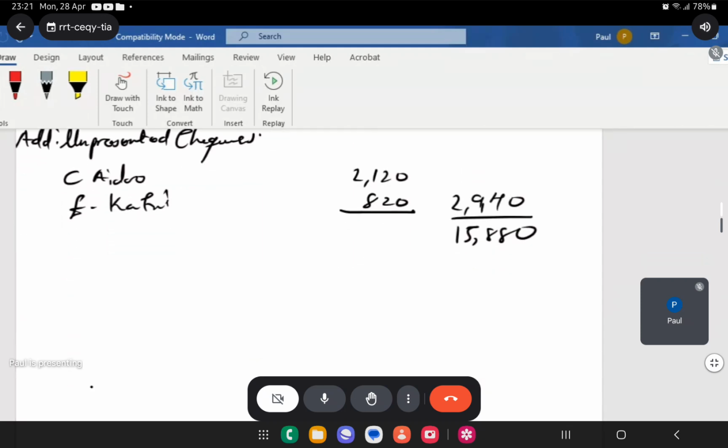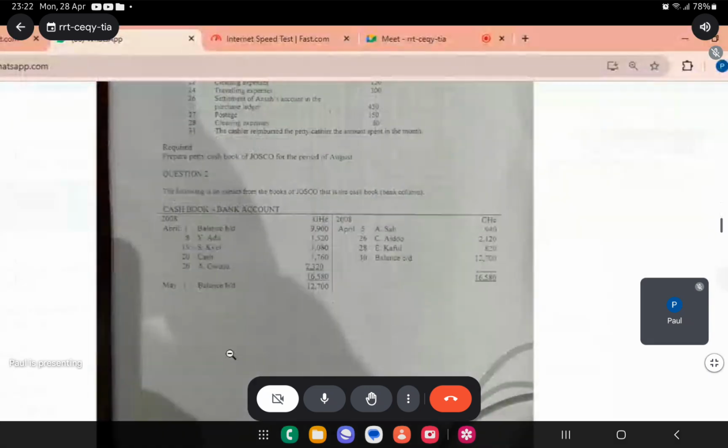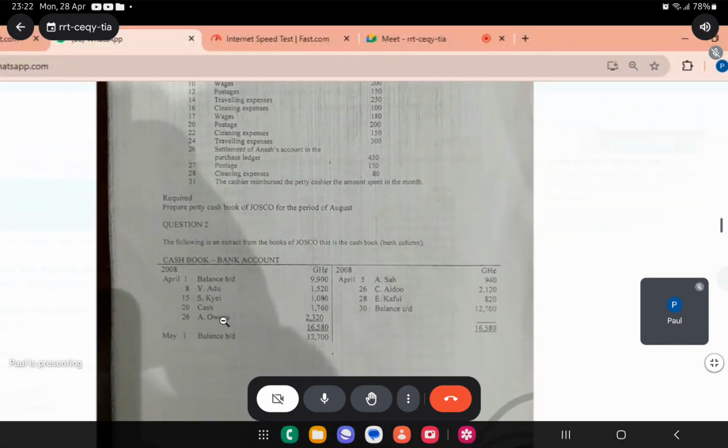Then we have uncredited checks. Uncredited checks are checks that we have received, but the bank didn't record them.